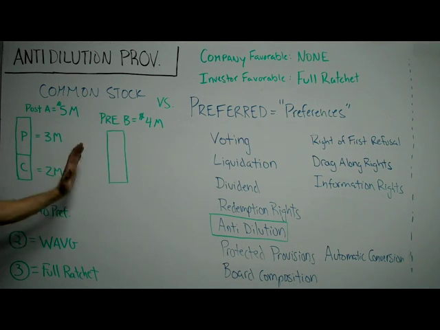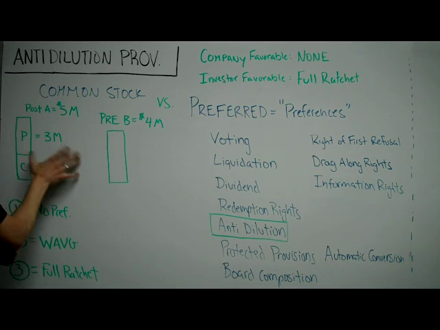So I'm going to show you guys from round A to round B what happens in each one of these scenarios. So let's say the post-money valuation of round A was $5 million. So after you raised funding, your company was worth $5 million on your first round.